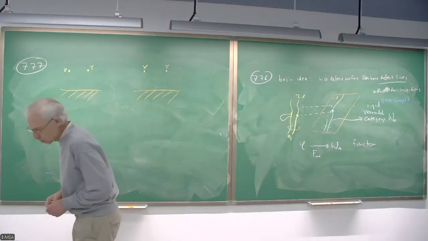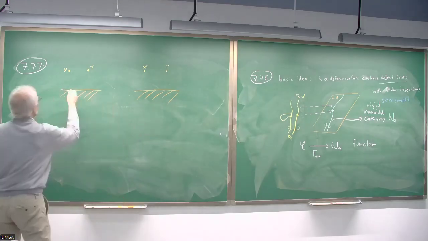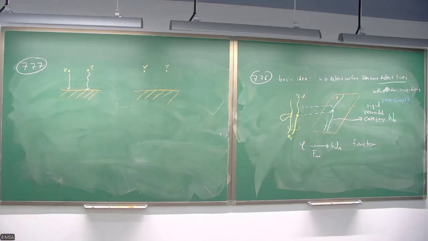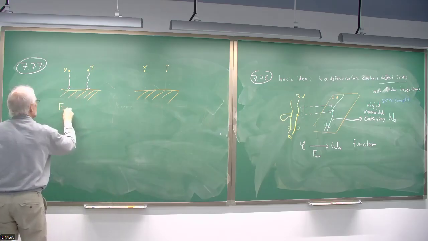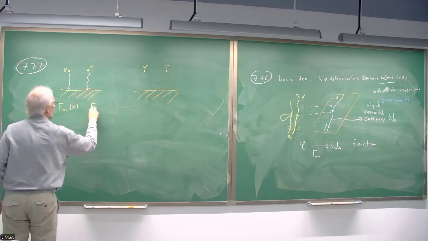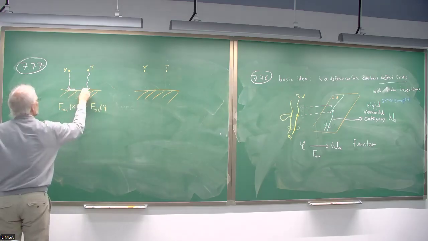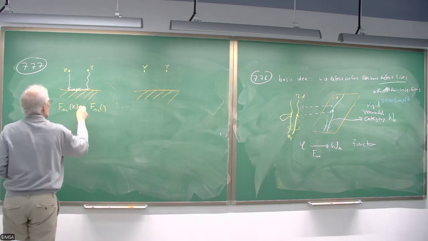Now I can do two things. Either I first use this functor to move both of these to the boundary. So then I get F of X respectively F of Y. And then I bring them together, meaning forming a tensor product.